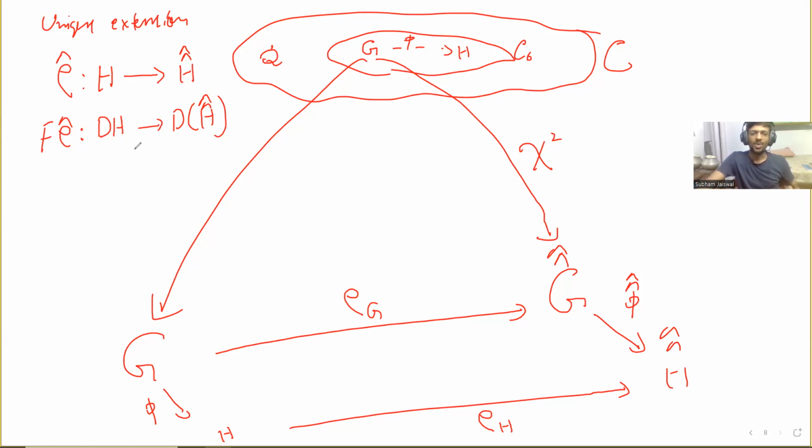So this induced map is made up of those rho's.